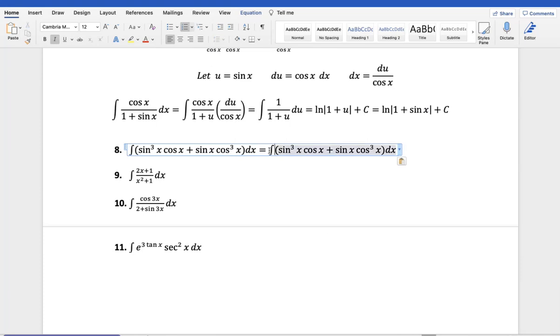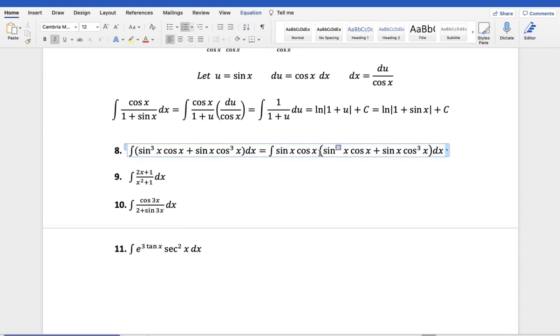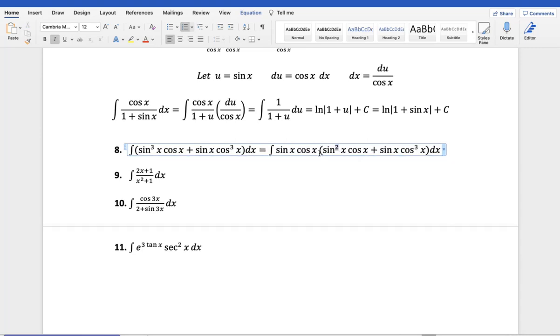So we can take out sine of x and cos of x, and we are left with sine squared of x plus cos squared of x in the bracket.